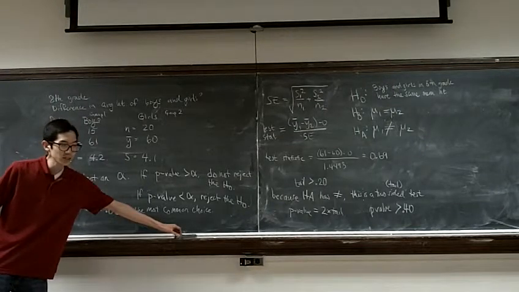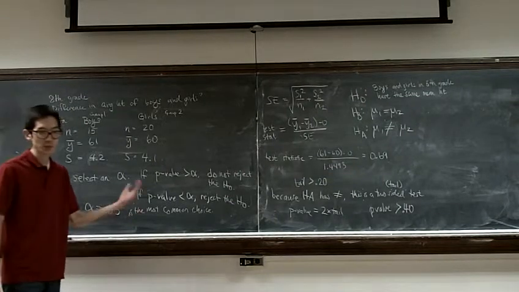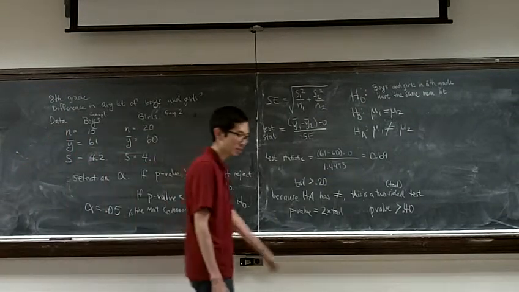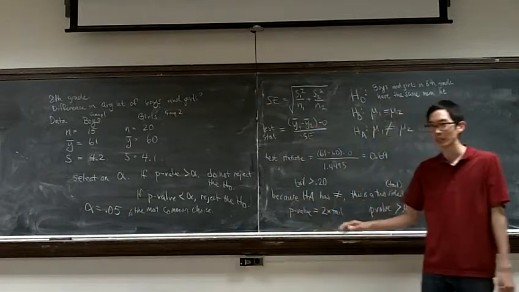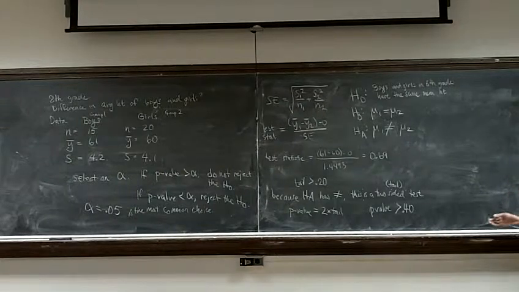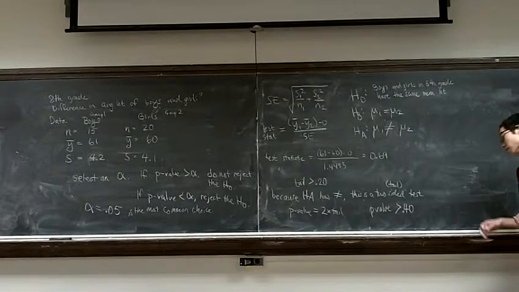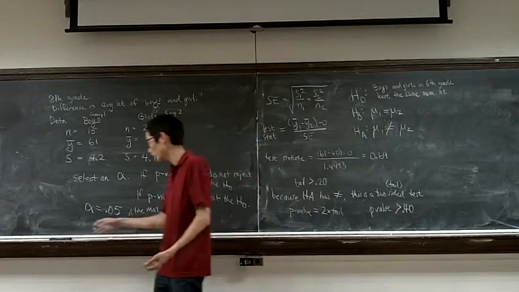There should be some thought going into your choice of alpha. This is one of the criticisms of the classical approach to statistics, that 5% has become so common that people will just choose 5% without thinking about it, and most people will just go along with it. But really, 5% may not be the best choice all the time.